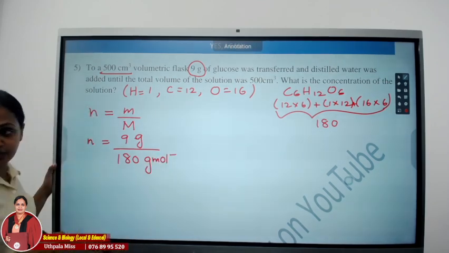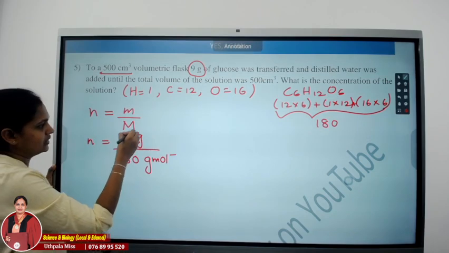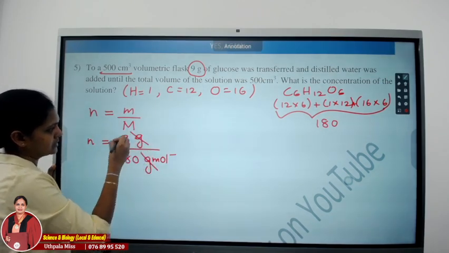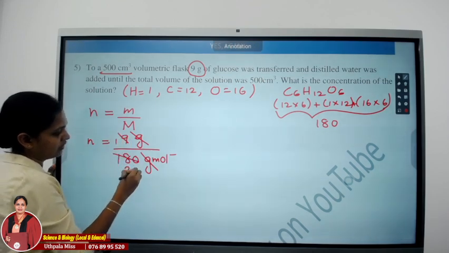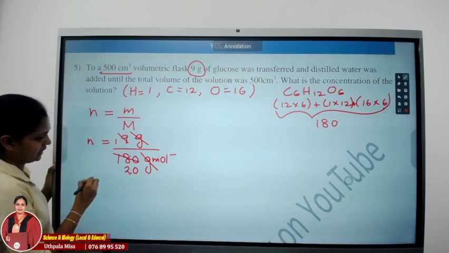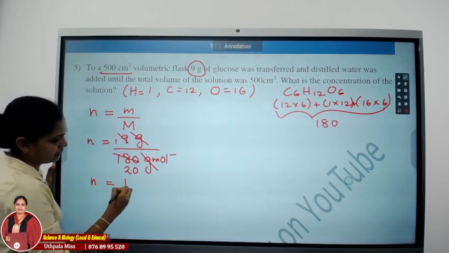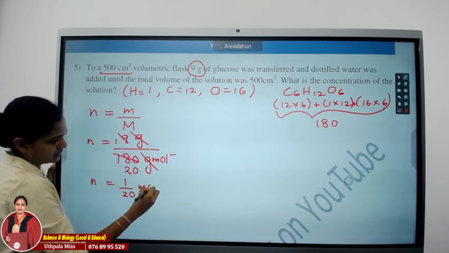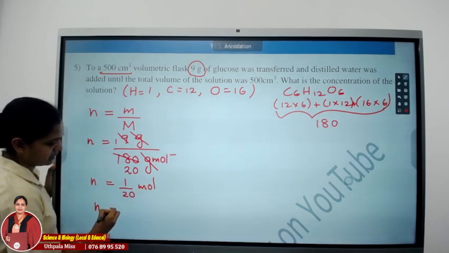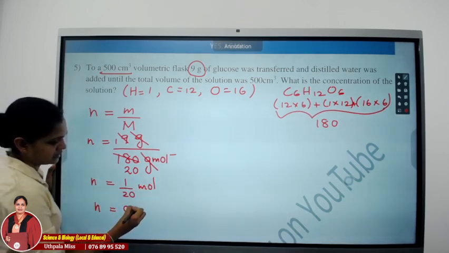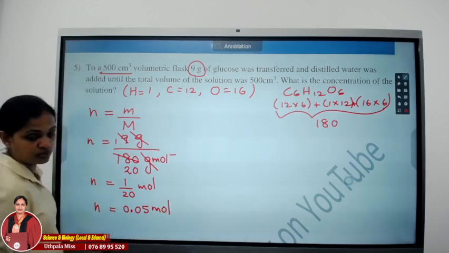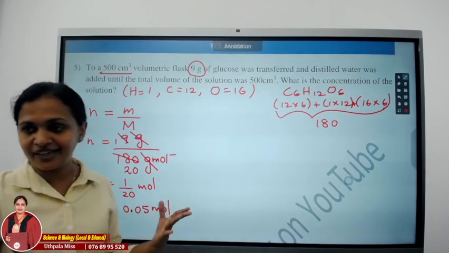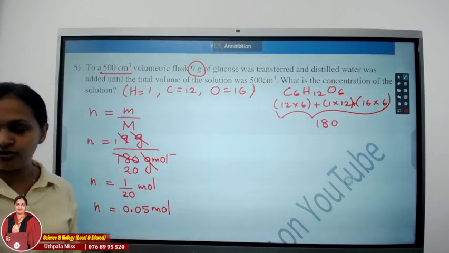So 9 into 1 over 180 is 1 over 20 moles, which is 0.05 moles. The number of moles of glucose that you have taken is 0.05 moles.